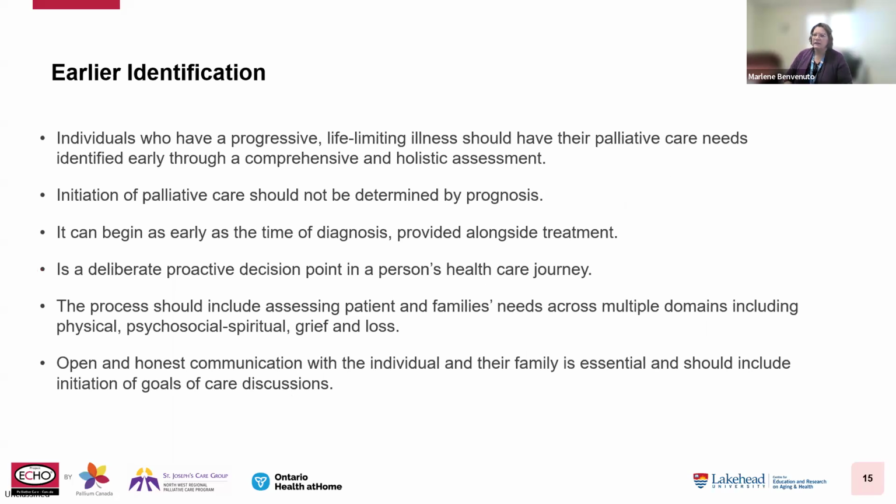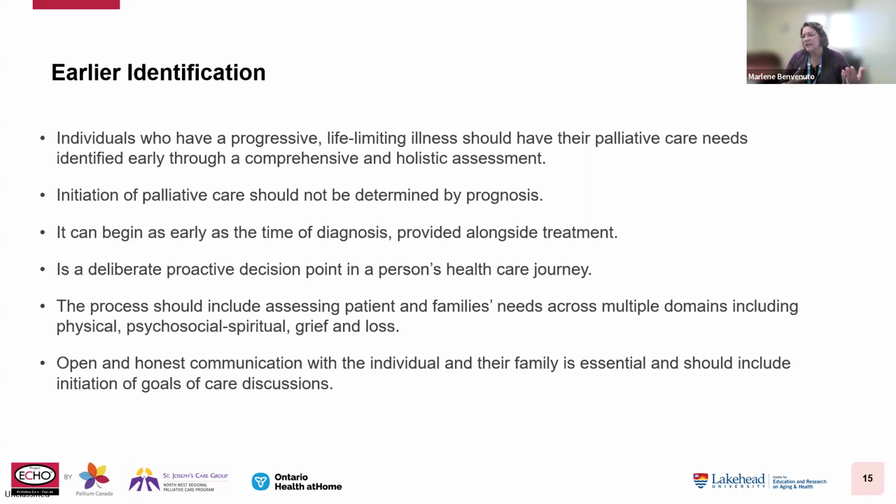So early identification, really, individuals who have a progressive life-limiting illness should have their palliative care needs identified early through that comprehensive and holistic assessment. Initiation of palliative care should not really be determined by their prognosis.